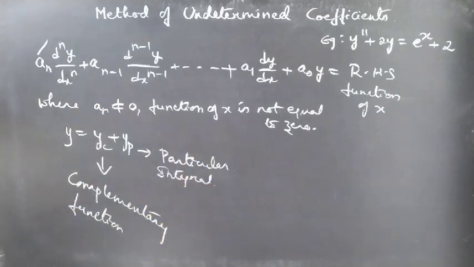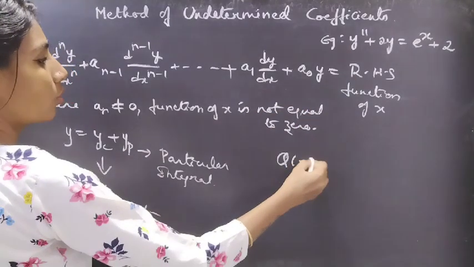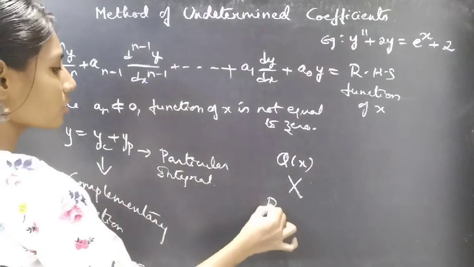If the RHS part is 0, then yc will be the resulting general solution. We can call the RHS part some q of x, or capital X, or some r of x, whatever.